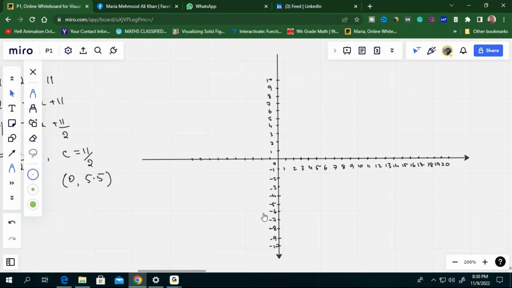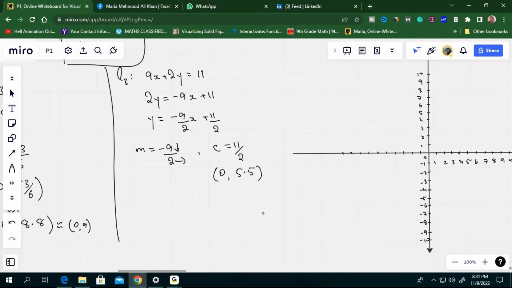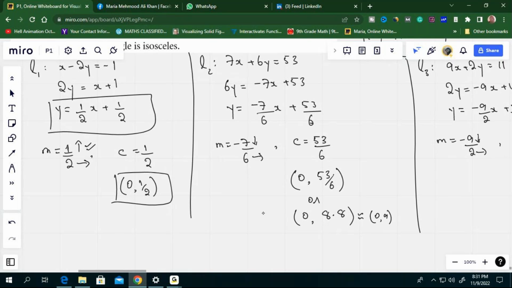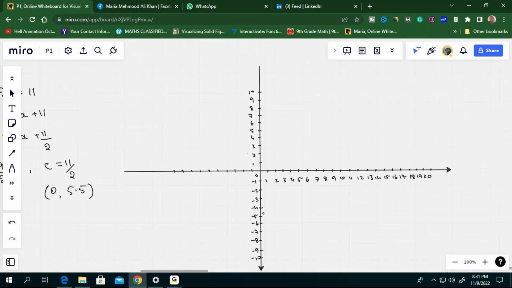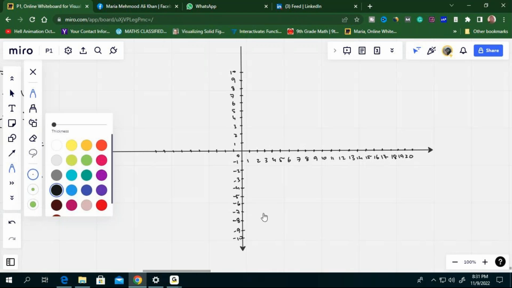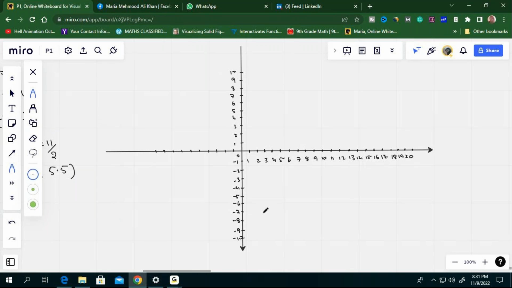Okay, now we just pick up our first line, and the y-intercept that it was having in the first was (0, half), and I'm going to move this point 1 unit up and 2 units right. I'm going to use another color, this one. The (0, half) is coming over here. Okay, and I'm just going to shift this point 1 unit up. So this is my 1 unit up.